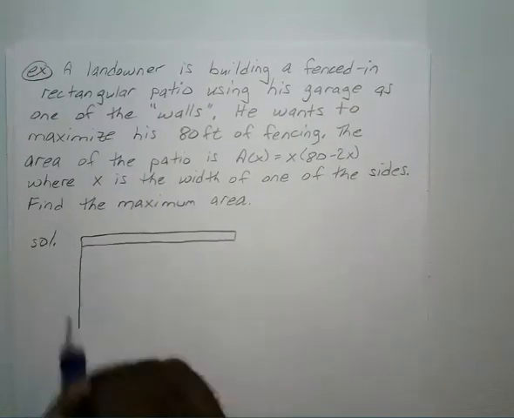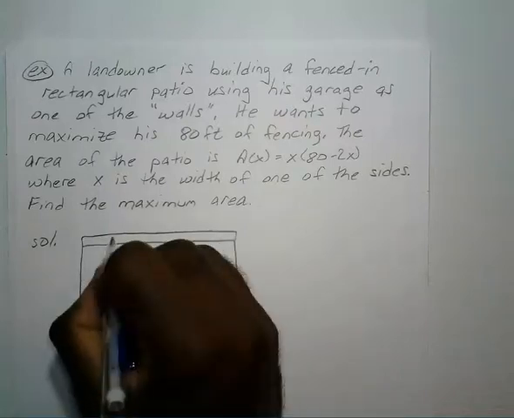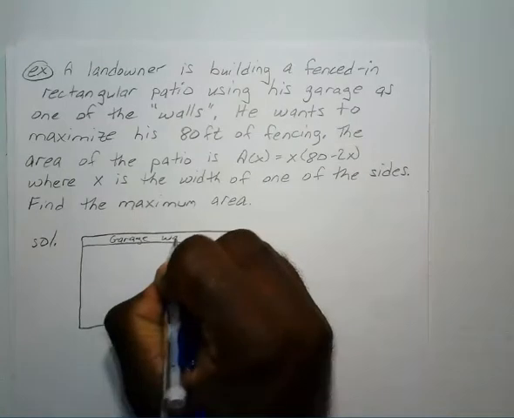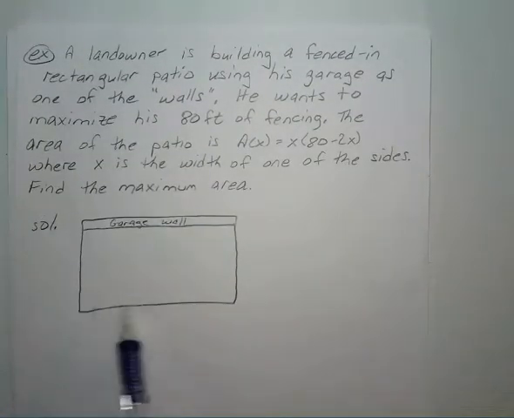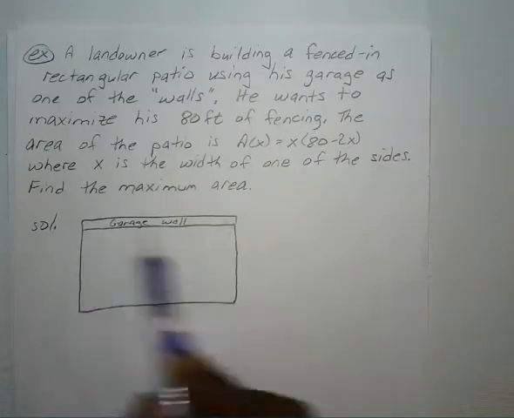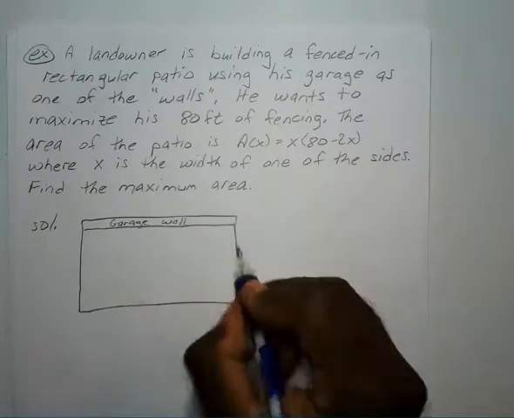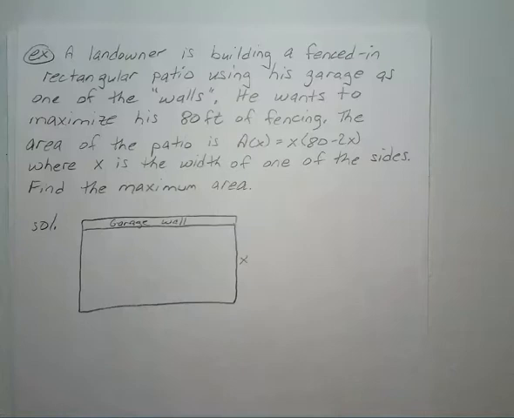Okay, so this is your garage wall. Okay, so he has all of this that he wants to use as a fence. He doesn't need the fourth side because the wall is going to be that. So this is all of your fence. So x is the width of one of the sides.